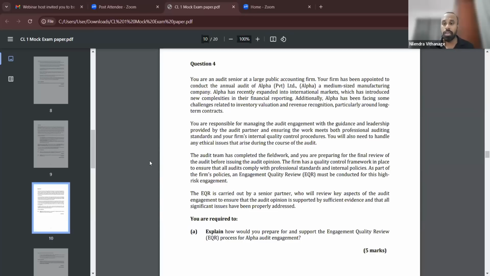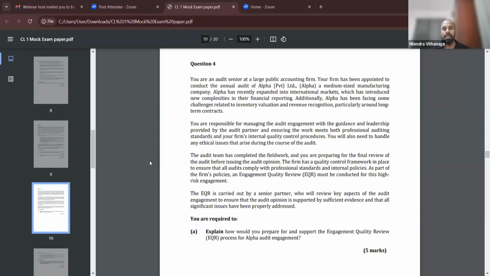The firm has a quality control framework in place to ensure that all audits comply with professional standards and internal policies. An engagement quality review must be conducted for this high risk engagement, as the client is now moving on to overseas markets.